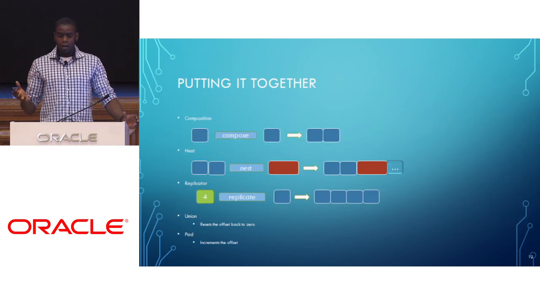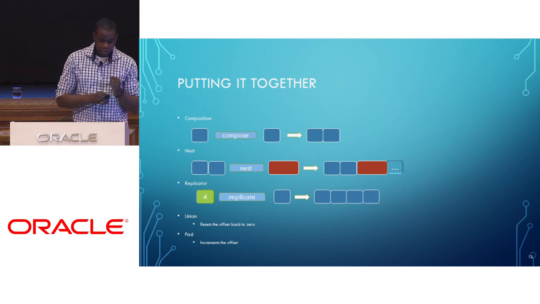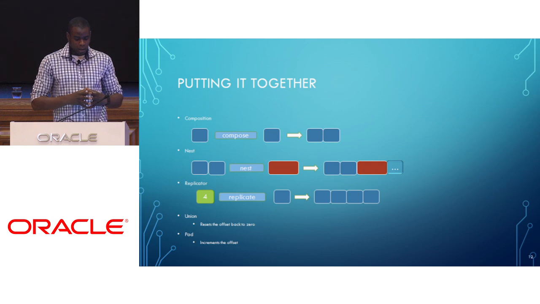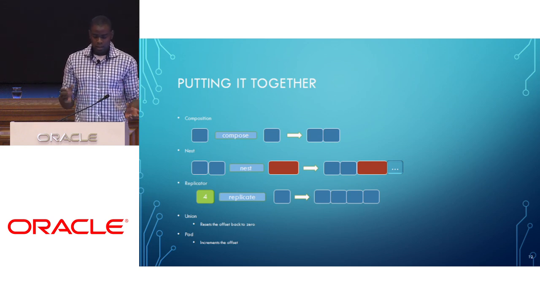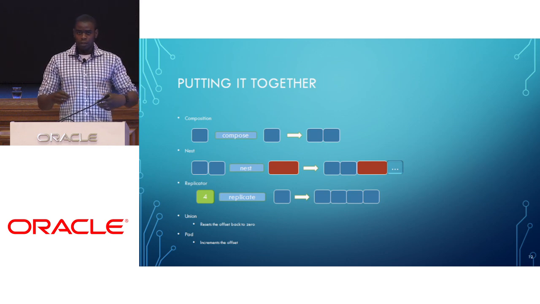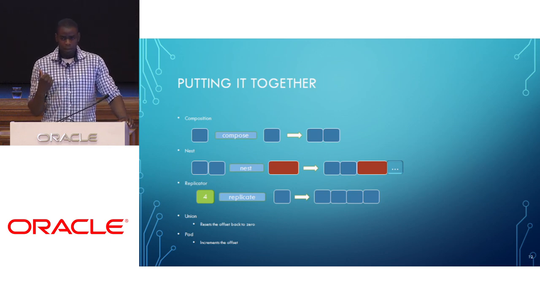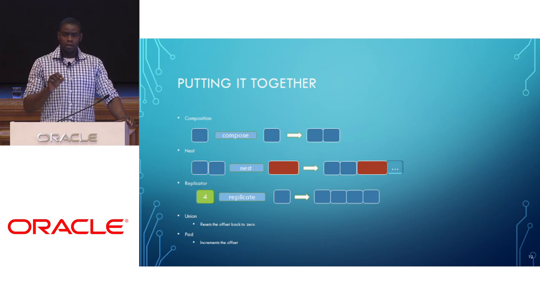So in order to get these types, you have to combine them together. Here are some operators that let you do that. Composition basically takes a container and combines it into another one. If you don't have a container to begin with, then it's just the first container. This internally increases the offset so that your next container starts after it.